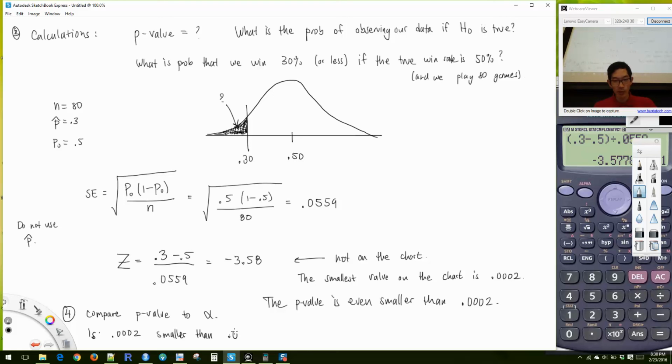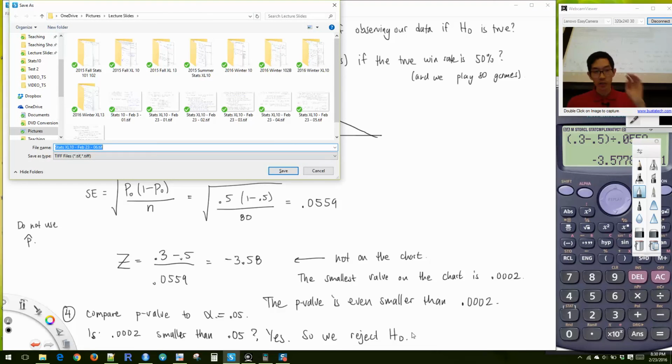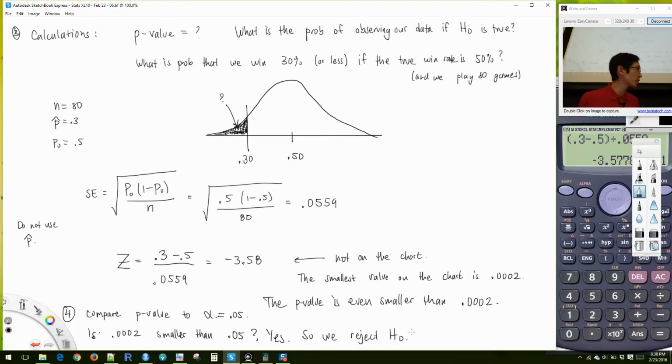Alpha is 0.05, that's what we established in step 2. Is 0.0002 smaller than 0.05? The answer is yes. So then we reject the null hypothesis. Okay. So I'm going to flip over to the next slide and we'll work through this.